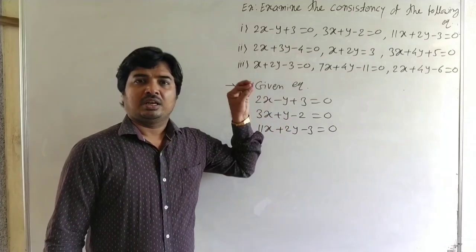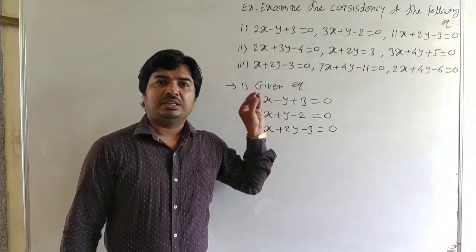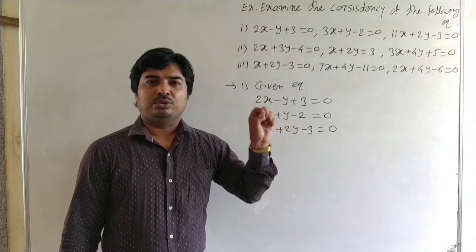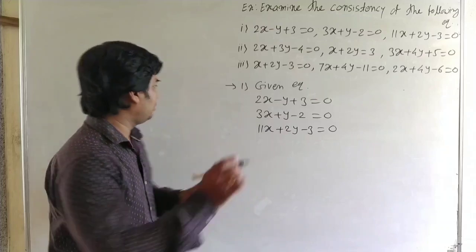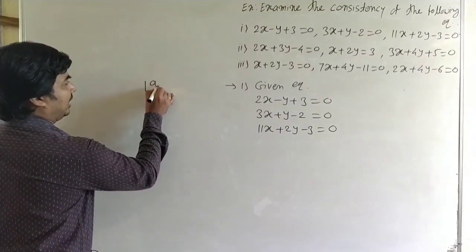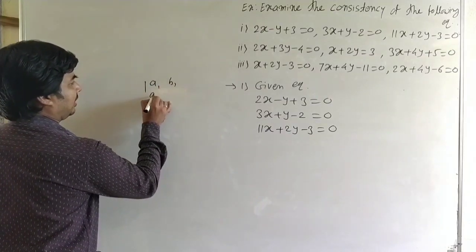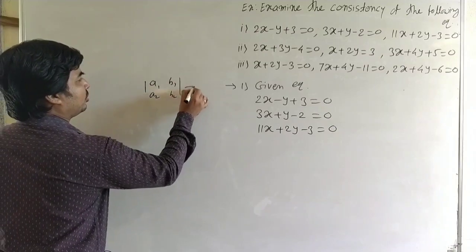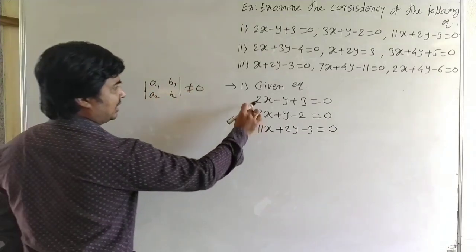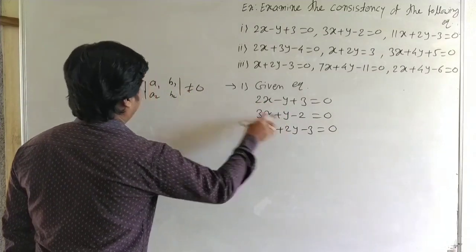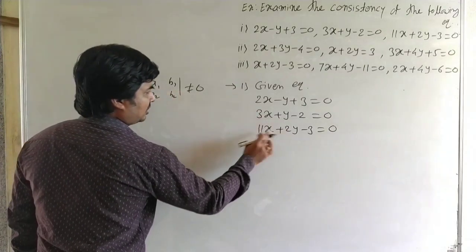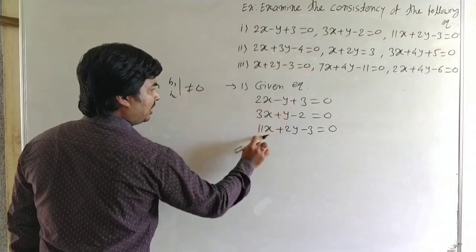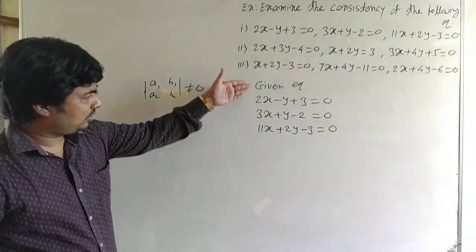That means our provided condition is that the determinant, see carefully here, a1 b1 and a2 b2 is not equal to 0, or a2 b2 a3 b3, or a1 b1 a3 b3 is not equal to 0 in this case.